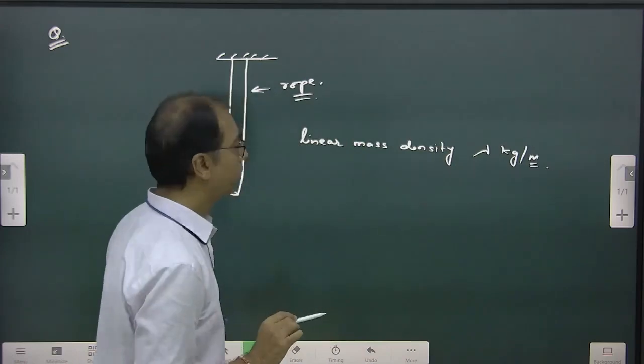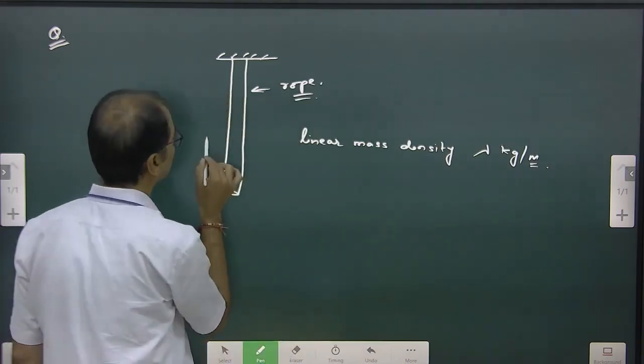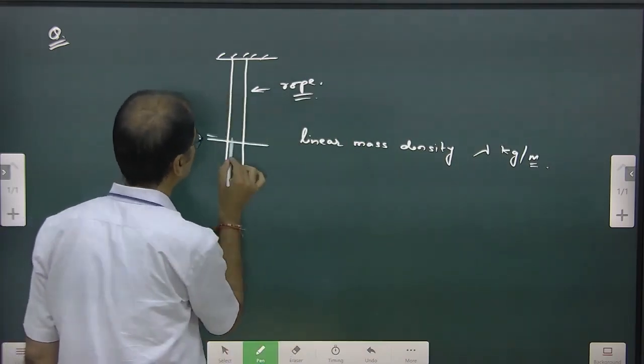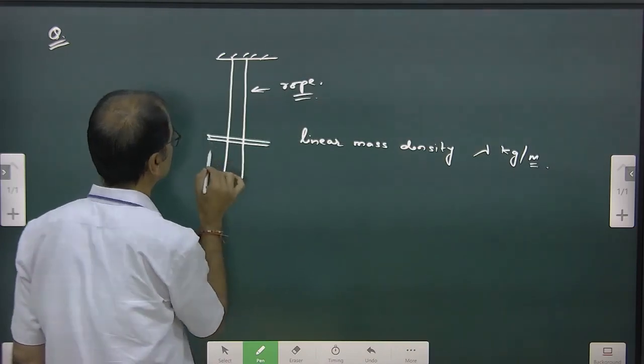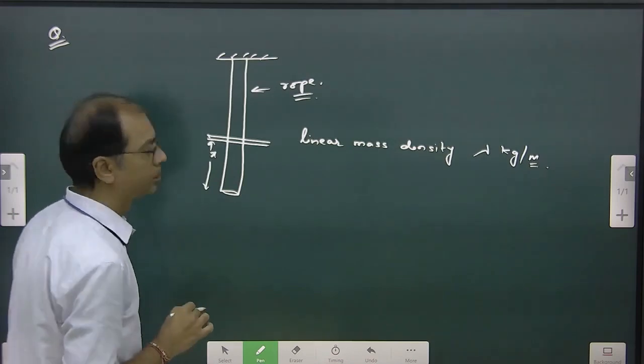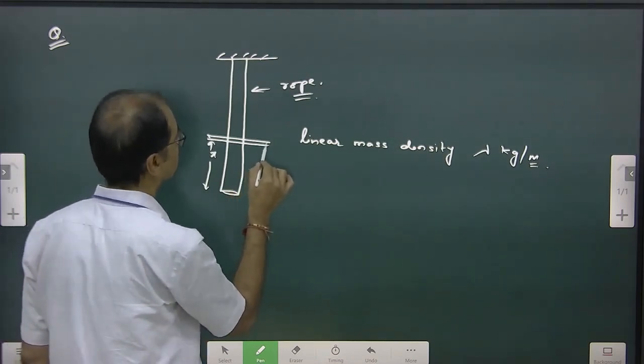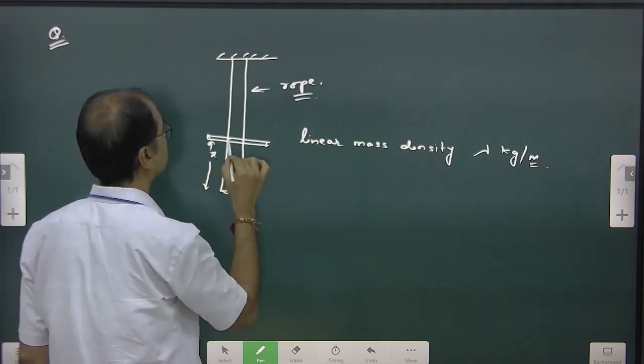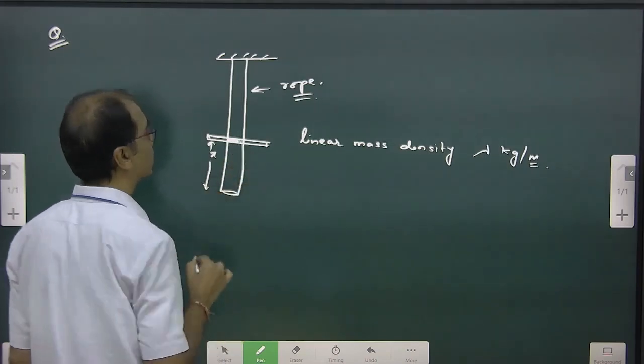Now we want to know at this position, which is distance x from the bottom, what is the velocity of wave? In this portion here, what is the velocity of wave?